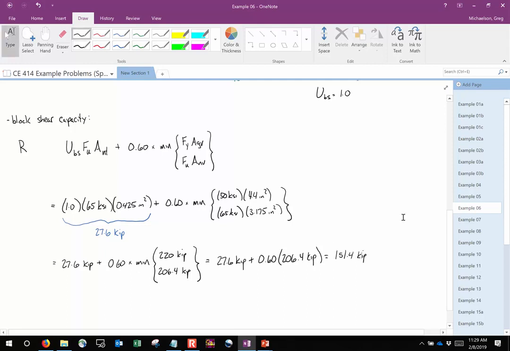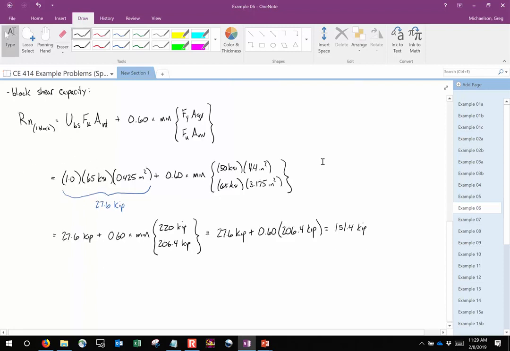Now, what happened to this? I must have erased it accidentally. Oh well. Now remember, that's the block shear capacity of a single block. Is that the block shear capacity of the whole section?